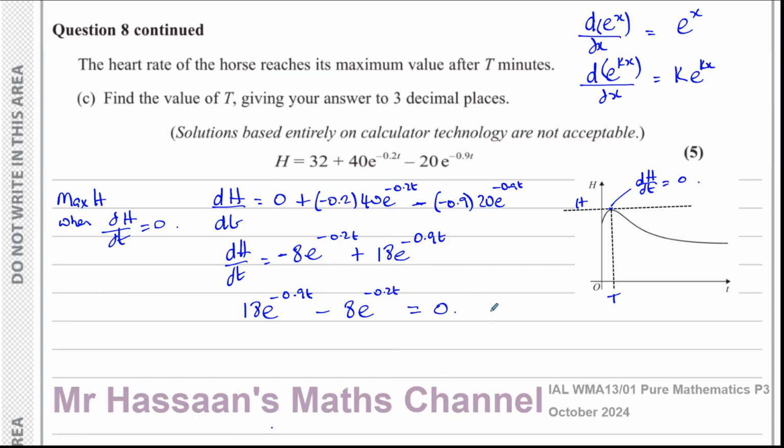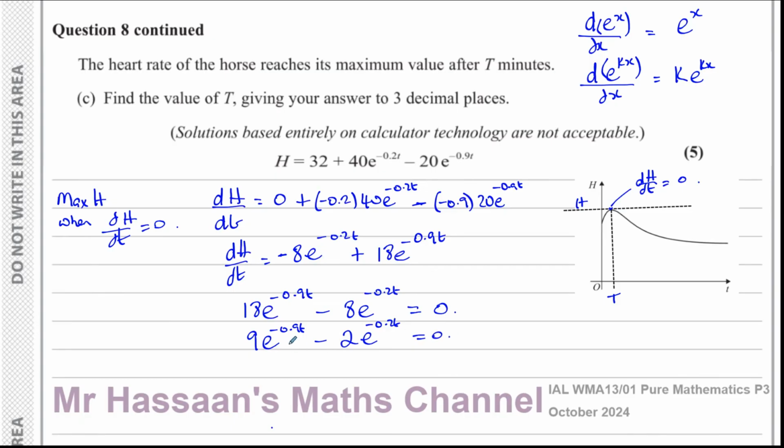Now, I think one of the ways to deal with this is by factorizing. We always try to avoid dividing by a variable if we can. So first of all, I'm going to divide by 2. So this is 9 e to the power of negative 0.9t minus 2 e to the power of negative 0.2t equals 0.